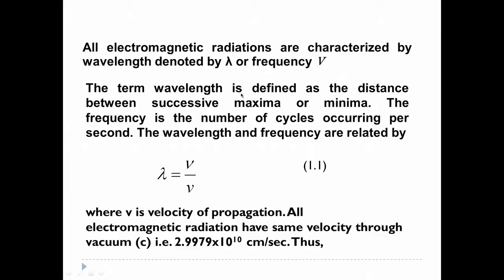So, that is what we have been trying to say here. All electromagnetic radiations are therefore characterized by wavelength, denoted by lambda, or frequency, that is nu. The term wavelength is defined as the distance between successive maxima or minima.